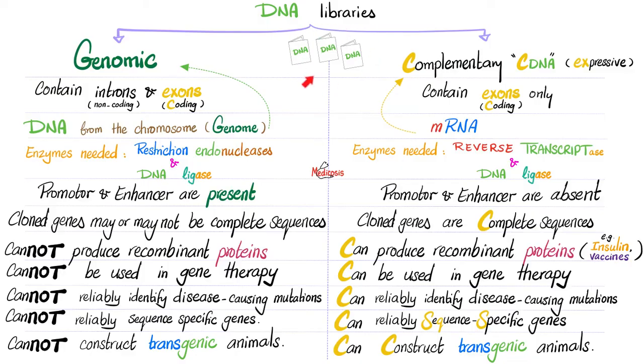DNA libraries, copies of DNA that are ready to use, just like grabbing the desired book off the shelf. And we have two types, genomic versus complementary, or cDNA. The genomic one came straight from your genome, i.e. from your chromosome, which means it's going to contain introns and exons.